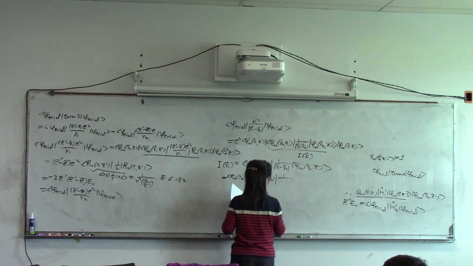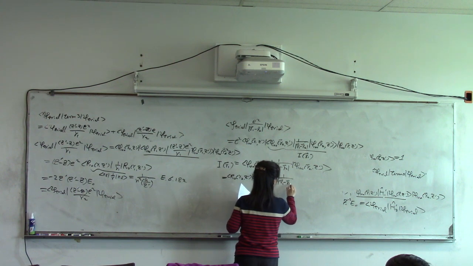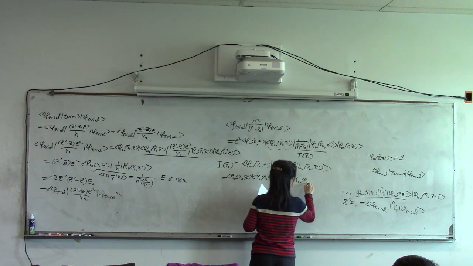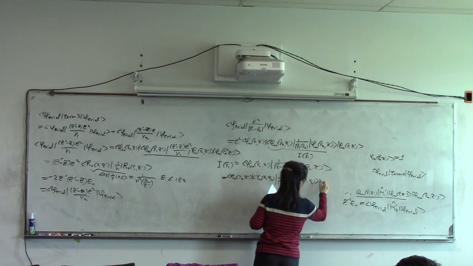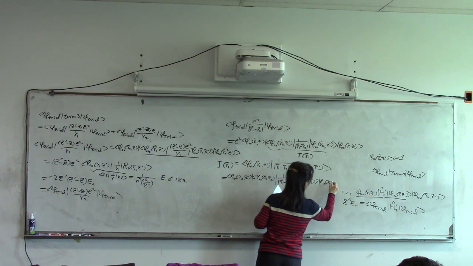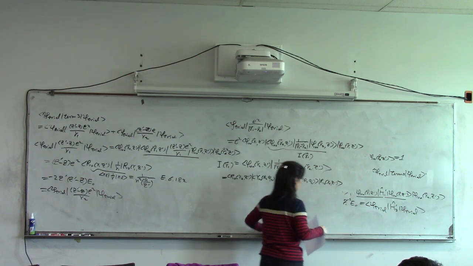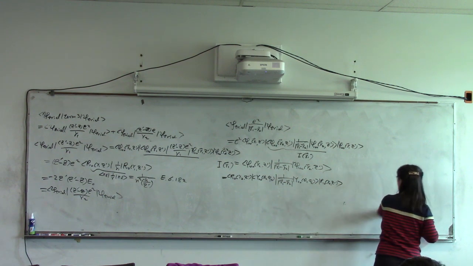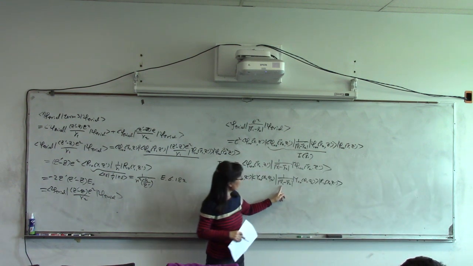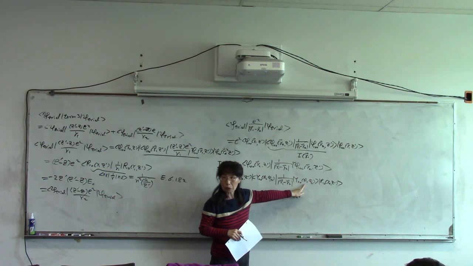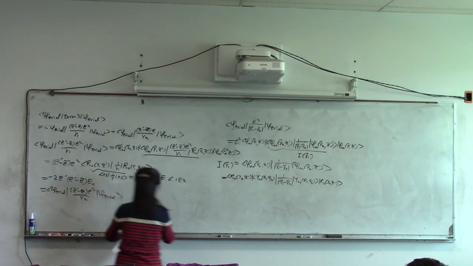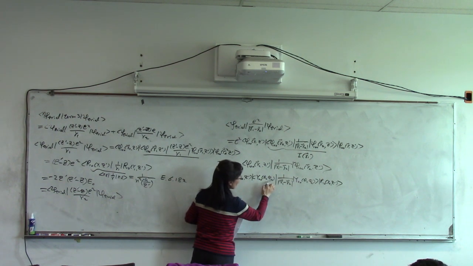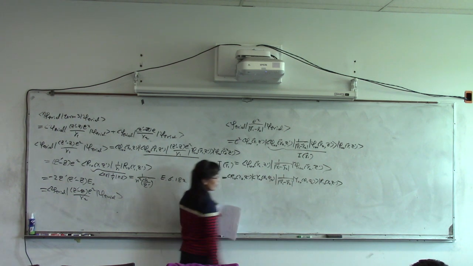Then 1 over R1 minus R2 here. Now, this one depends on the angle theta 2. Since this is an integral with respect to theta 2, now we are going to deal with this one in terms of theta 2.